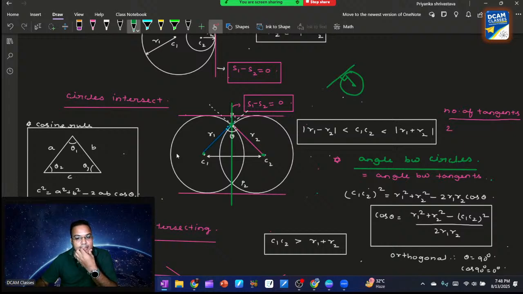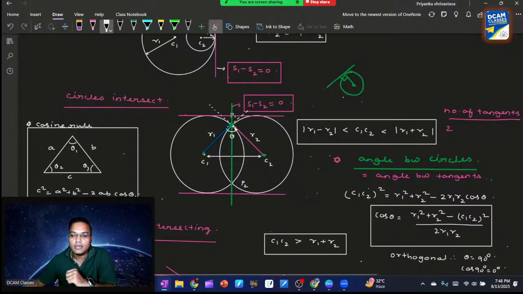Okay. The confusion is in the diagram only. Otherwise, if I had made it a different way, this may have extended into the circle like this. Now you won't get confused.